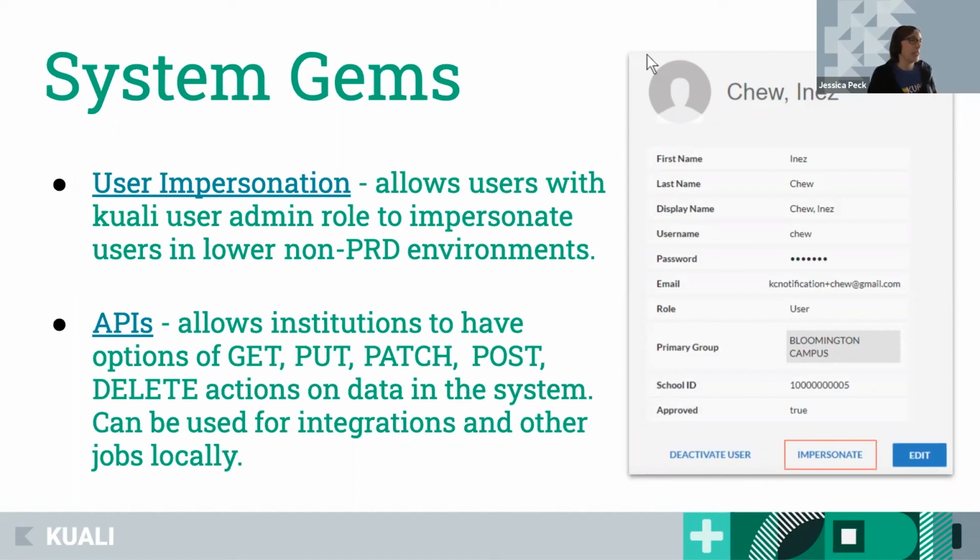So it gives you abilities to get data out of your database and also put and update data in your database. It can also be used for integrations locally, and you would need to work with your IT staff locally to initiate those.